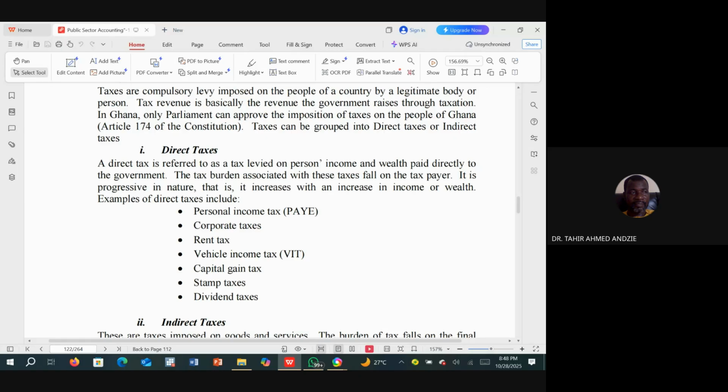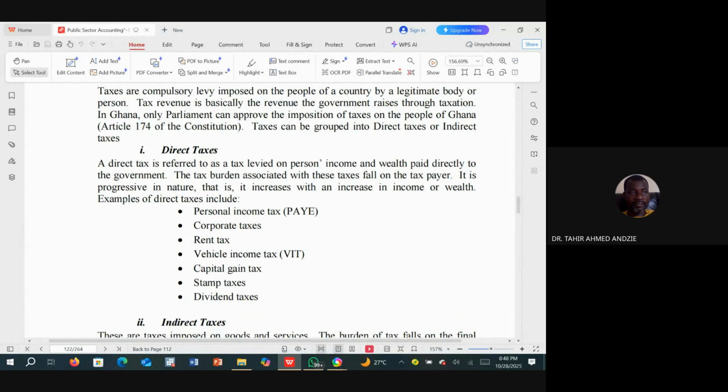Okay, and we are saying that the burden associated with that payment of tax, we call that incidence of tax. The incidence of direct tax rests on the taxpayer.